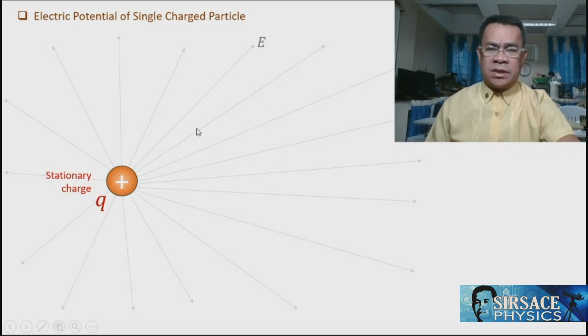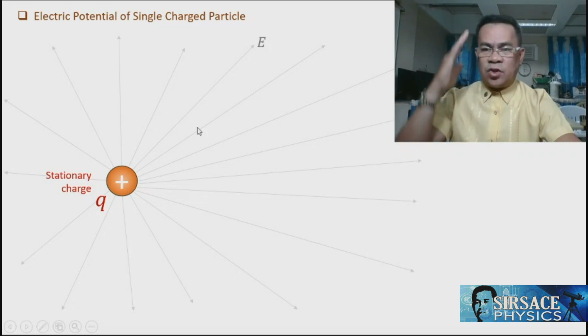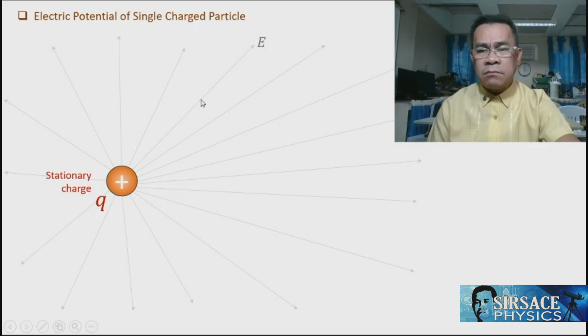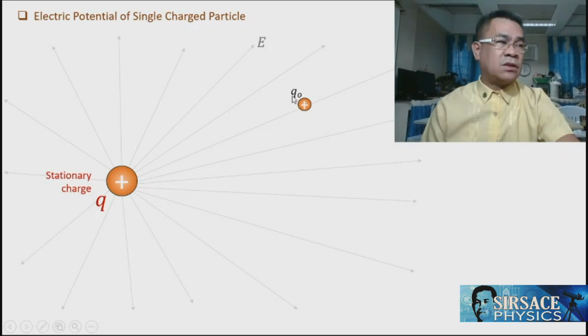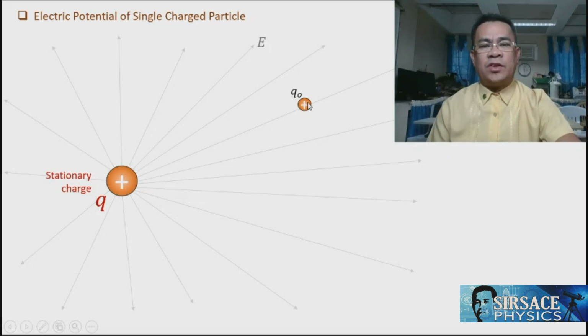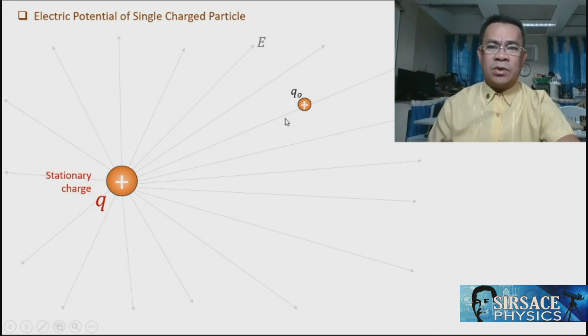Now, what is the effect of this charge distribution? The effect is that if we have another charge, suppose Q naught, being a moving charge, and call this positively charged, this charge will experience an electrostatic force because of the presence of the electric field.